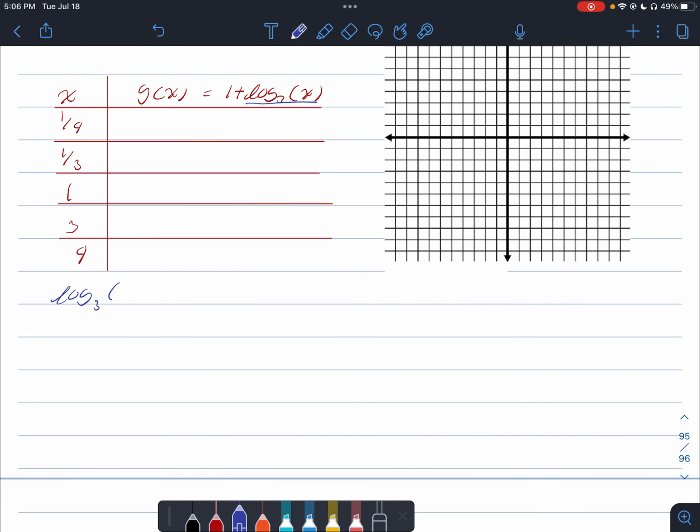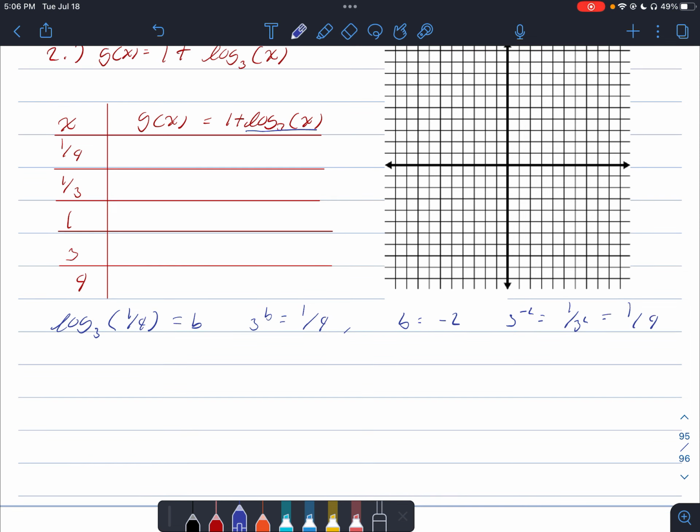So if we have log base 3 of 1/9 equal to b, that means 3 to the b is equal to 1/9. So what value of b would make 3 to the b equal 1/9? Well, we would have b equals -2.